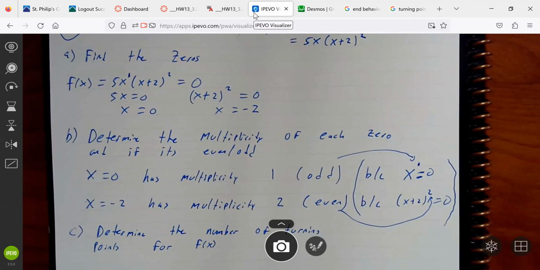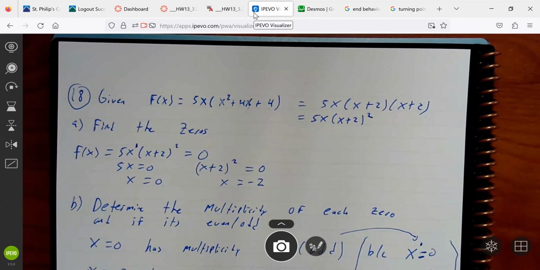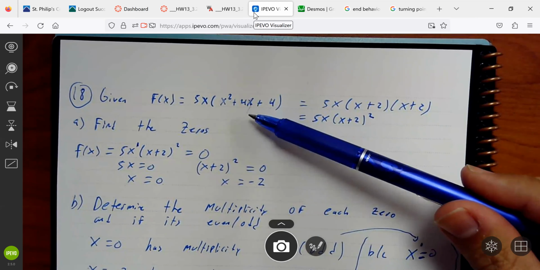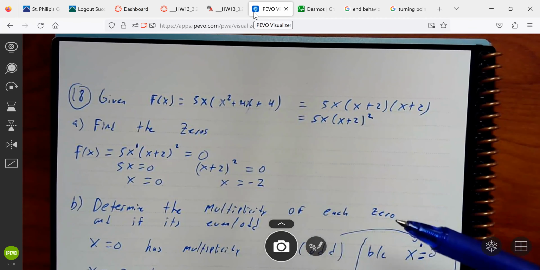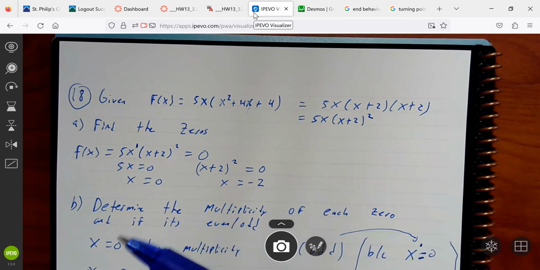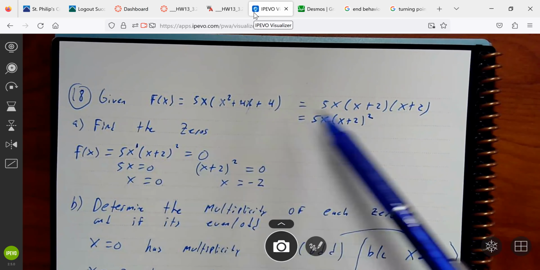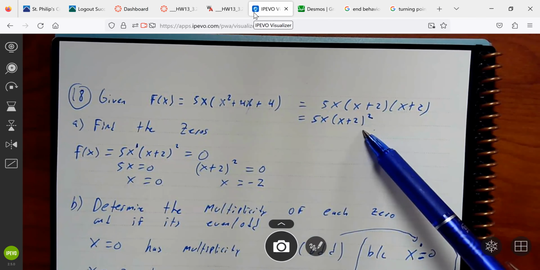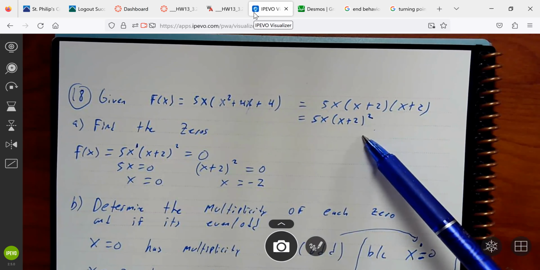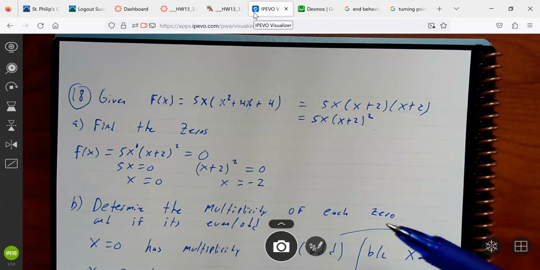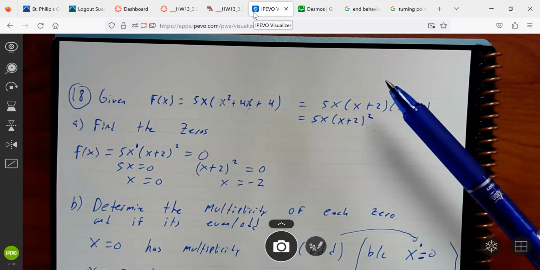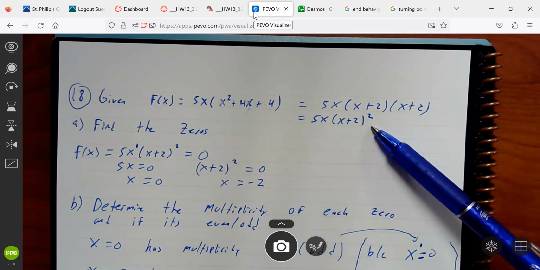Now, can you tell what the degree is when it's factored like this? Or like this? Well, let me show you how to count them. That way you don't have to multiply it. Here we have 2 zeros.